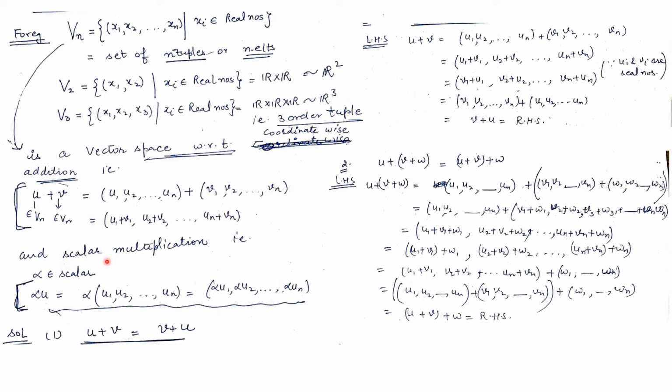And then scalar multiplication, it is also defined like this. You are given any u which is member of Vn. U member of Vn means it is n ordered tuple. Alpha is any scalar. So alpha times u will be what? Alpha times u1, u2 till up to un. So you can take alpha to be inside. So this is coordinate wise multiplication.